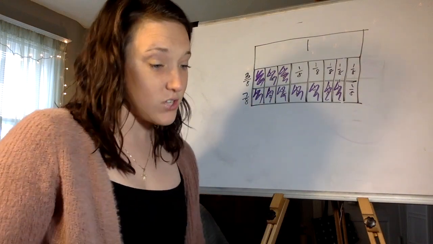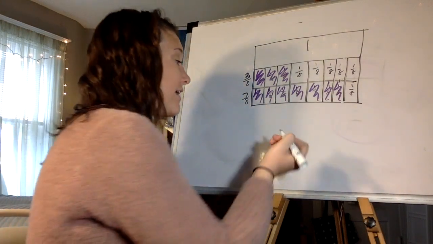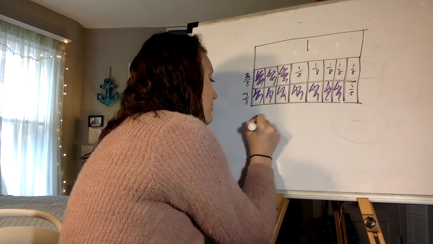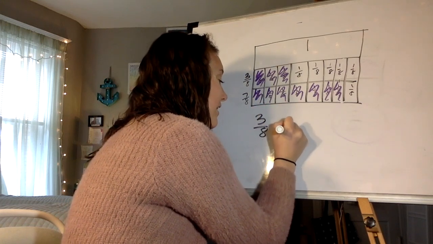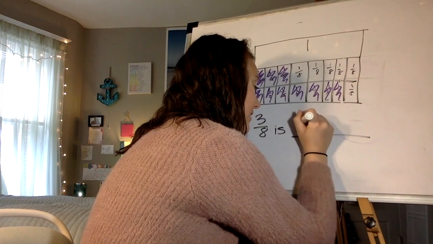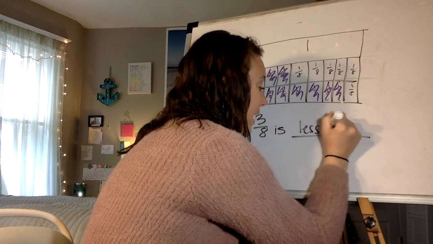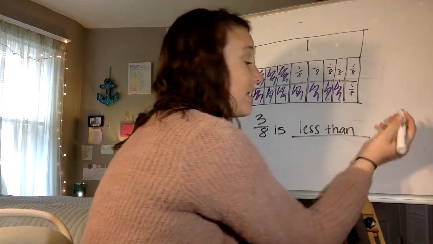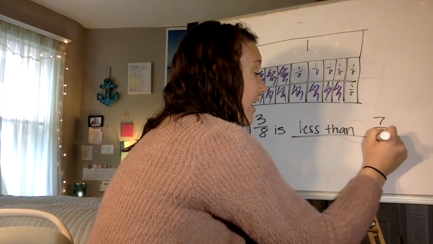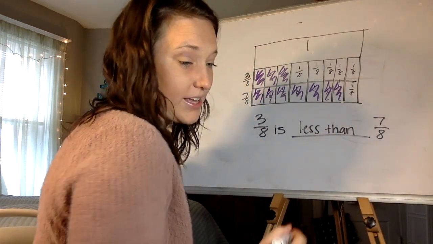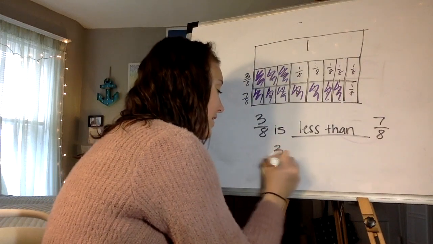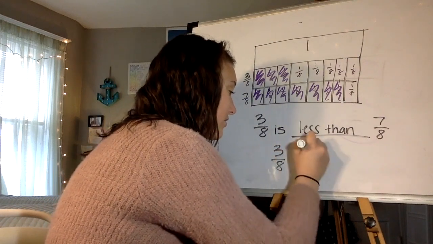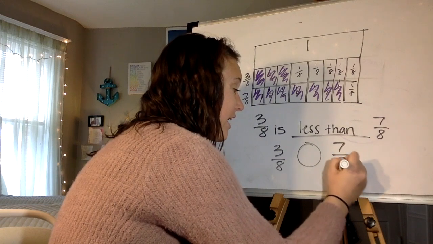And then it says, so 3/8 is less than, that's where we're going to start using that vocabulary, less than, greater than, or equal to 7/8. And then we have 3/8, a circle like this, in 7/8.